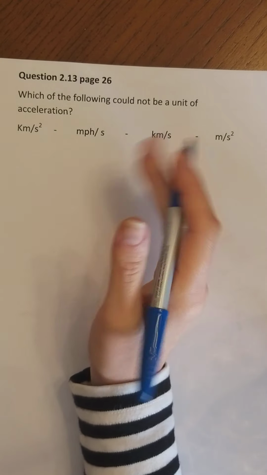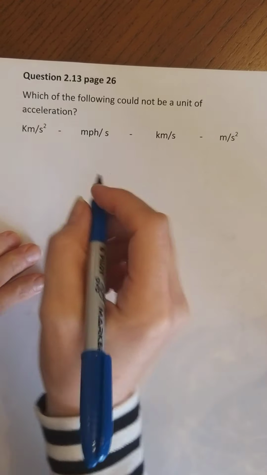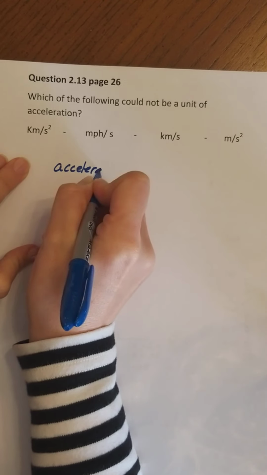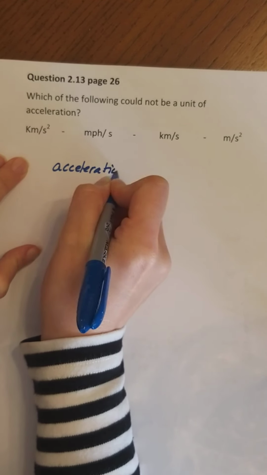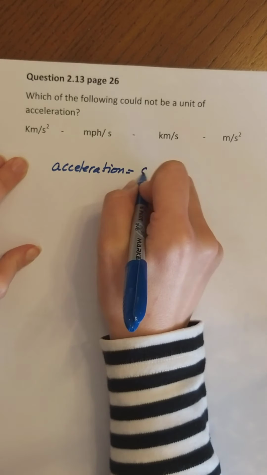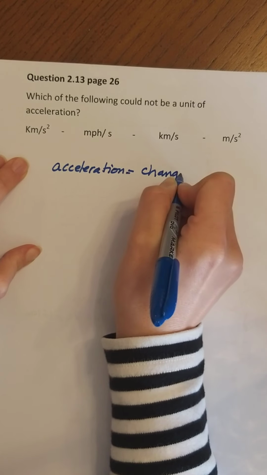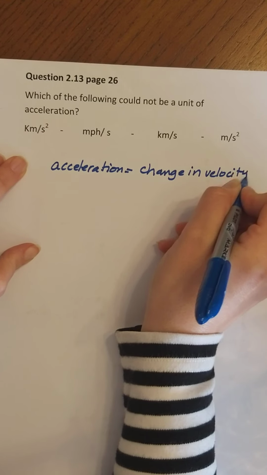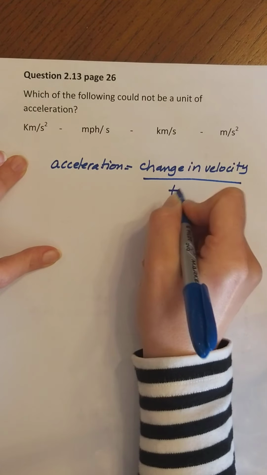Question 13, page 26. Which of the following could not be a unit of acceleration? Let's remember the formula of acceleration. Acceleration equals change in velocity divided by time.